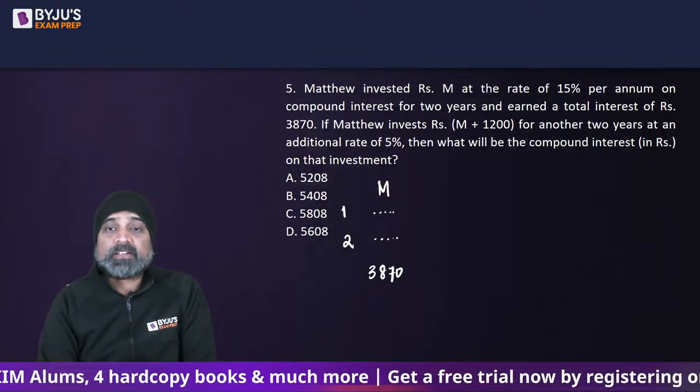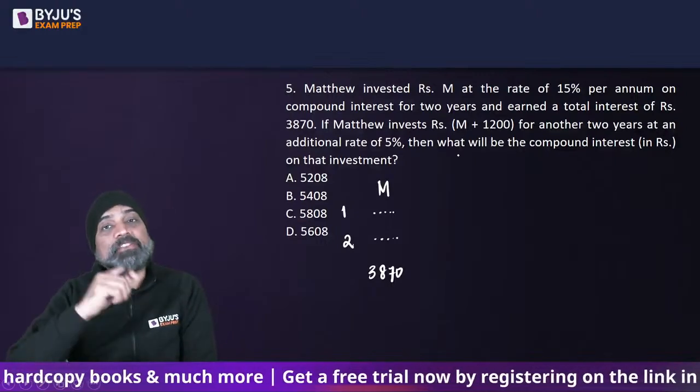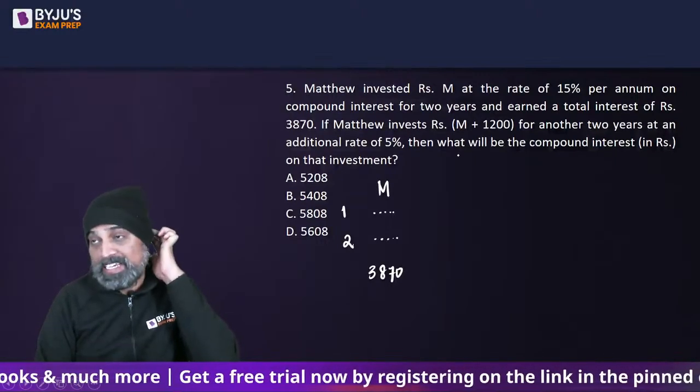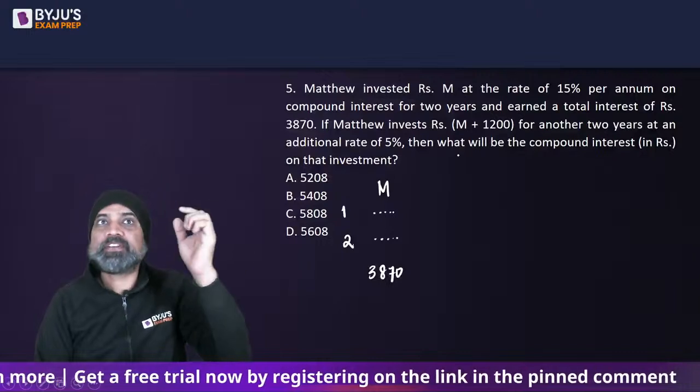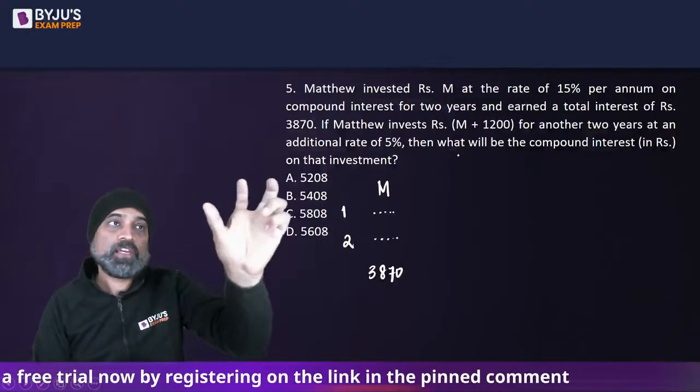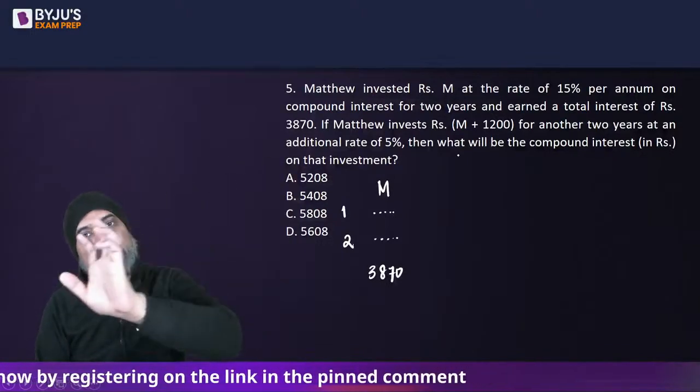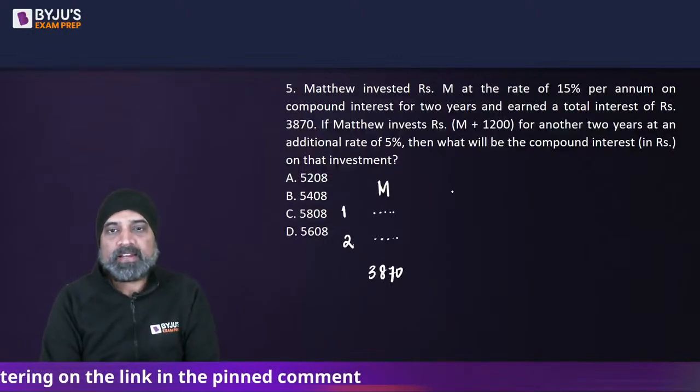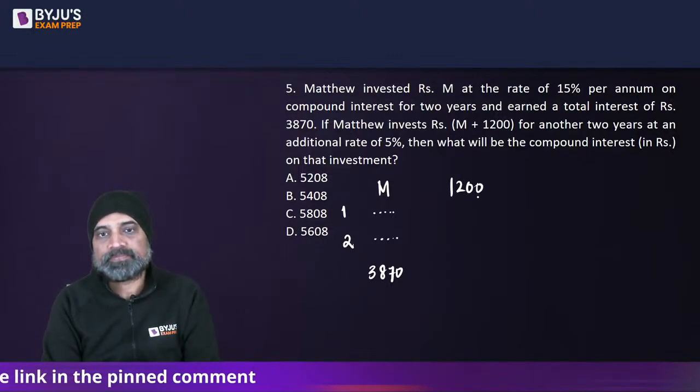Now, when he reinvests, he's not going to invest M plus 3,870. He takes the same amount M and invests it again. And then there are 1,200 rupees as well.